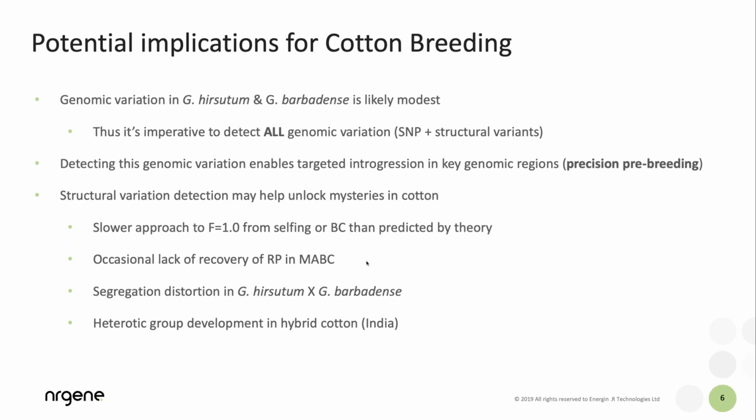I've spent years looking at hirsutum by barbadense crosses. It's well documented in the literature and from research experience that segregation distortion occurs in interspecific fertile populations between hirsutum and barbadense. Integration of traits between those two species has been hindered by that.